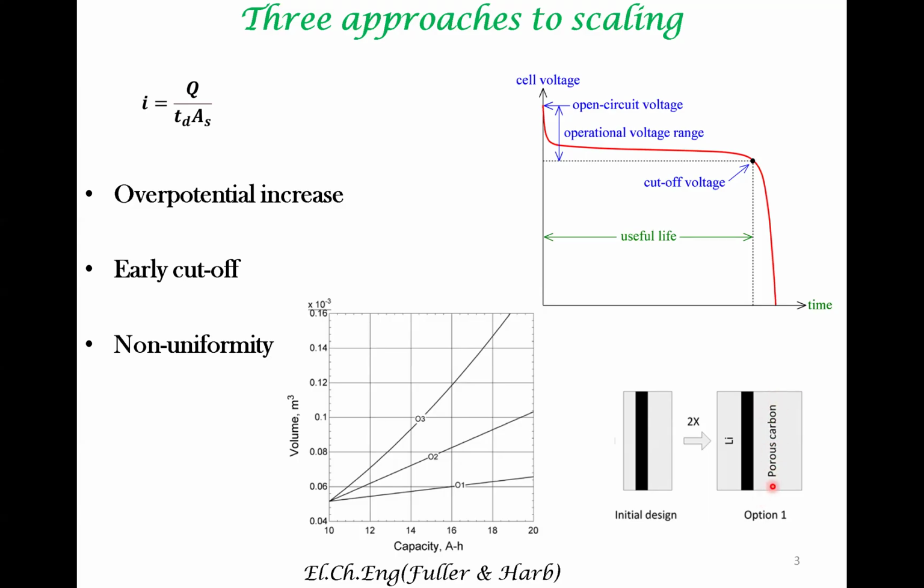There can be greater deposition of the solid product in one of the regions, and this is going to significantly affect my current distribution. So this non-uniformity has to also be accounted for when we increase the thickness. So option 1, even though it appears as if we have the least increase in volume, has other consequences which are not desirable.